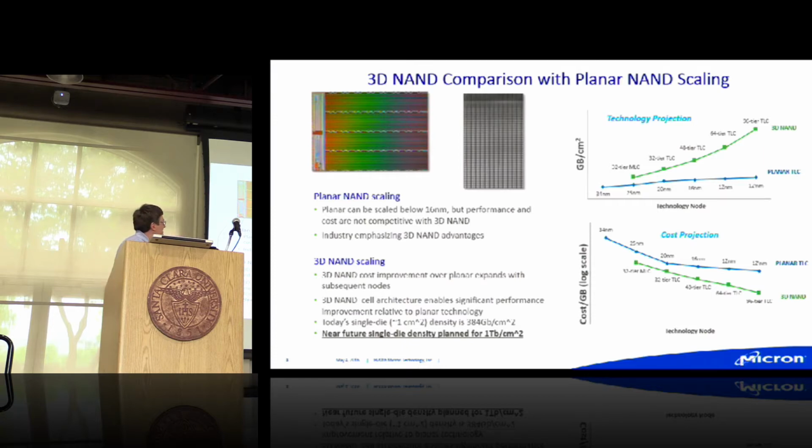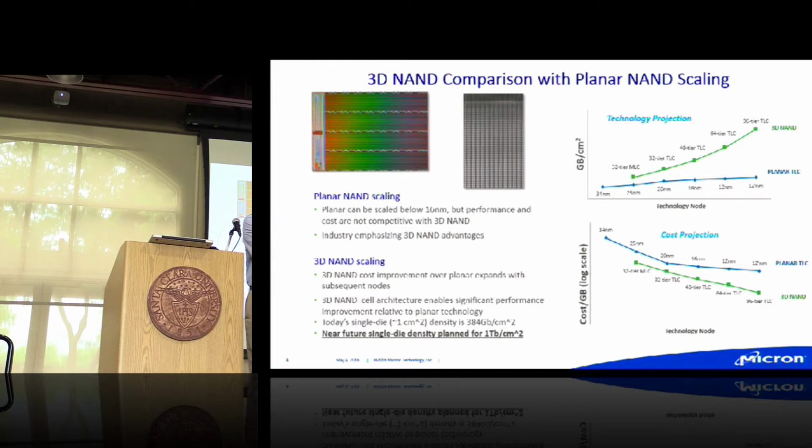This is why, right? The scaling up above here, just on technologies, gigabytes per square centimeter. I know Bob and some others use the square inch thing. I prefer square centimeters. I mean, what the heck? Although we are in the US, maybe I should use square inches, but it doesn't matter. Getting down below 16 nanometer, even planar TLC, there's quite a bit of diminishing returns, as you can well imagine.